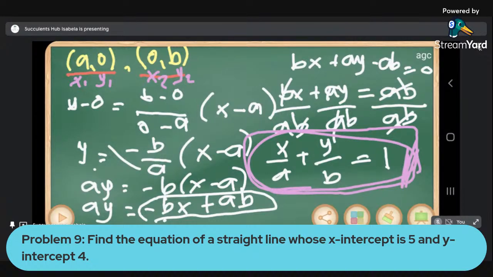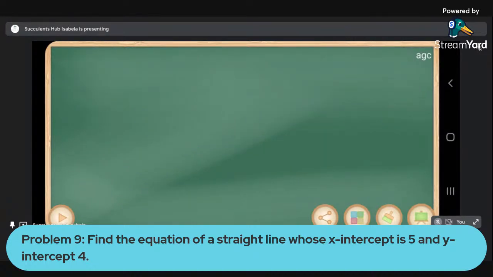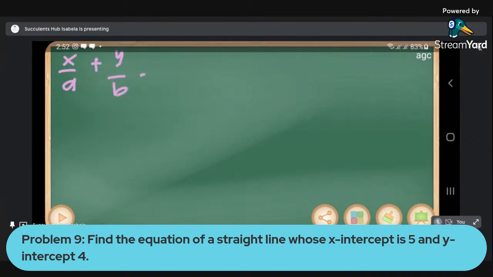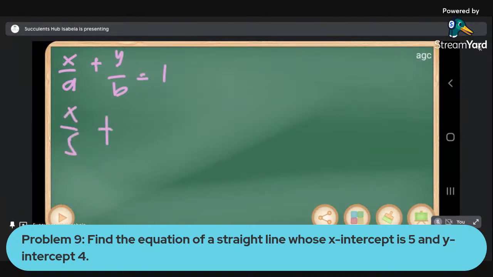So, let's just substitute x over a plus y over b is equal to 1. So, in the problem, our a is 5, so x over 5 plus y over 4 is equal to 1.